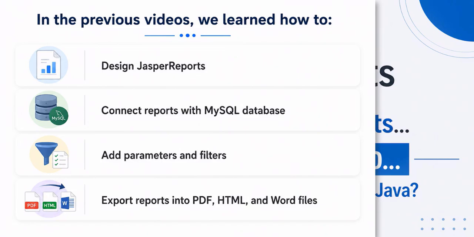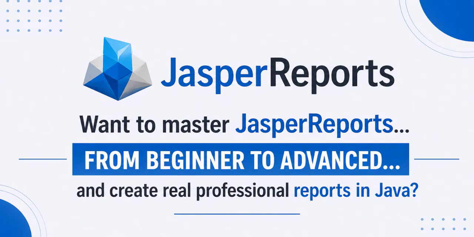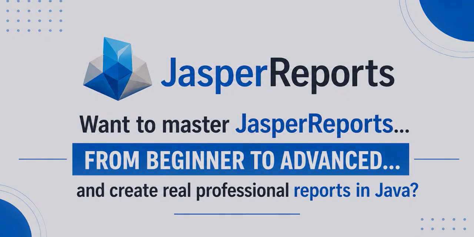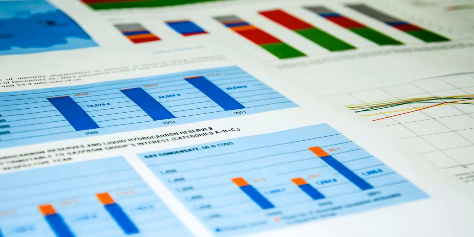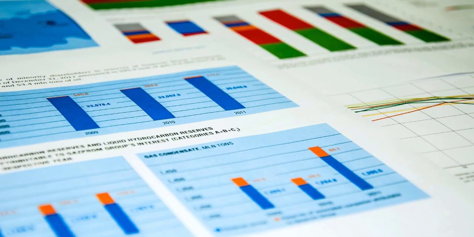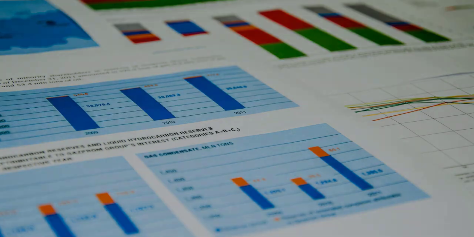But in real world applications, many companies and organizations prefer Excel reports because they can easily edit, filter, search, and analyze data. So, in this tutorial, we are going to export our Jasper reports into an Excel file step by step. So, without wasting any time, let's start the practical implementation step by step.